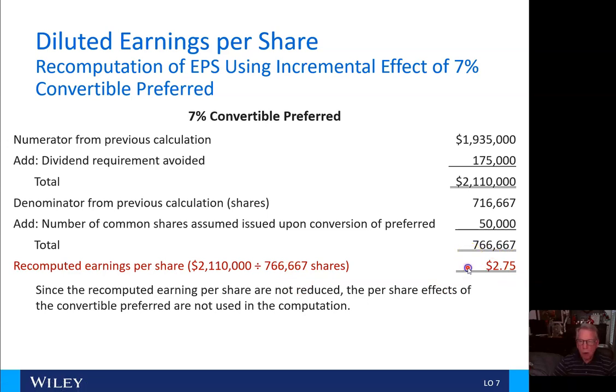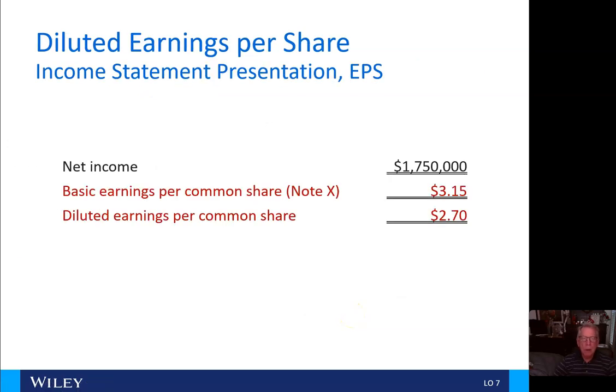It gives us $2.75. And seeing how the recomputed earnings per share are not reduced, the per share effects of the convertible preferred are not used in the computation.